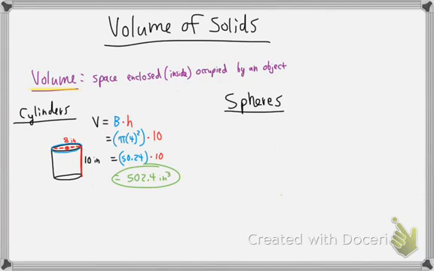So notice again, a lot of these formulas are just the area of the base times the height. As long as you can determine what shape the base is, that's going to make a lot of these problems seamlessly act the same and be a little easier, okay? So 502.4 inches cubed would be a good answer for this one.